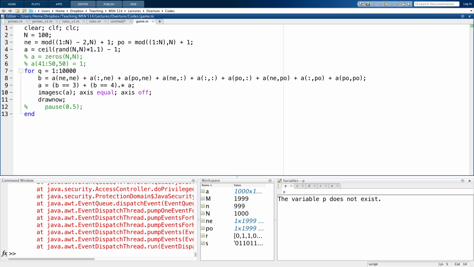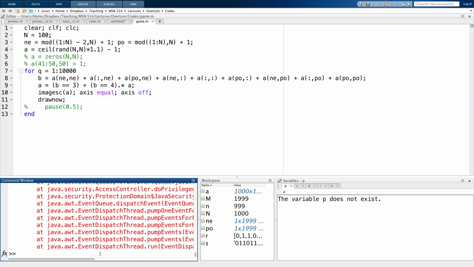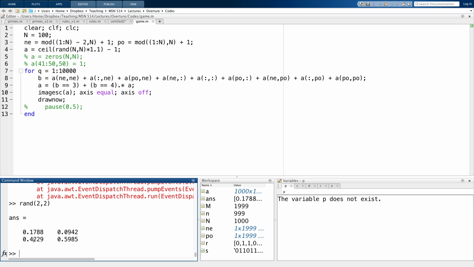It takes the ceiling of random numbers, n by n random numbers. So if I do rand 2 by 2, then I get 2 by 2 of random numbers between 0 and 1, uniformly distributed, okay? Now this time you get n by n random numbers. And what happens if I multiply it with 1.1?